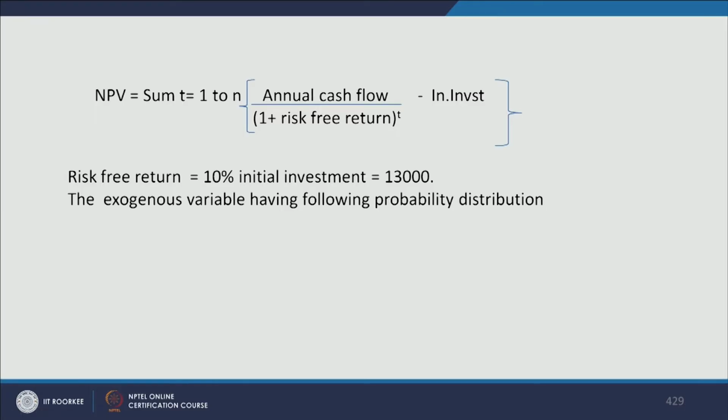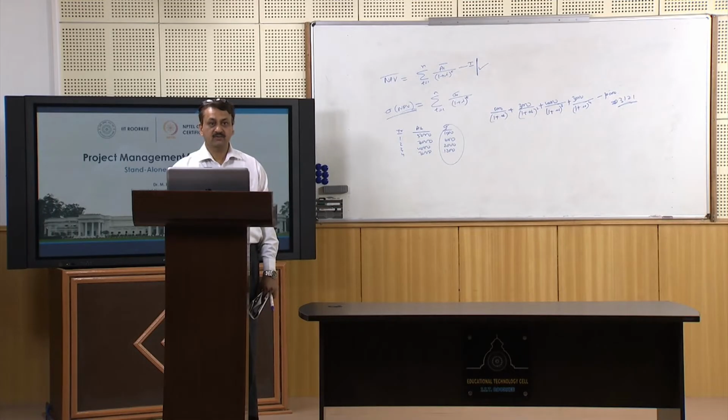So, similar to what we have seen, this is the formula. Let us take an example wherein we have been given two exogenous variables along with their probability distributions, and let us take risk free return as 10% and initial investment in this case as 13,000, right.